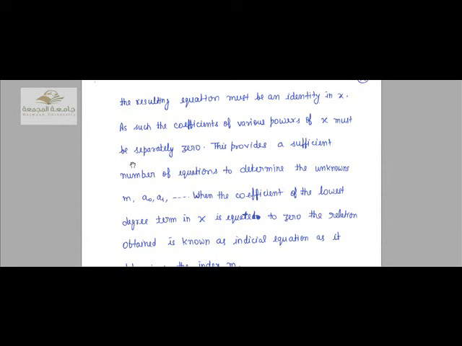As such, the coefficients of various powers of x must be separately 0. This provides a sufficient number of equations to determine the unknown m, a naught, a1 and so on.